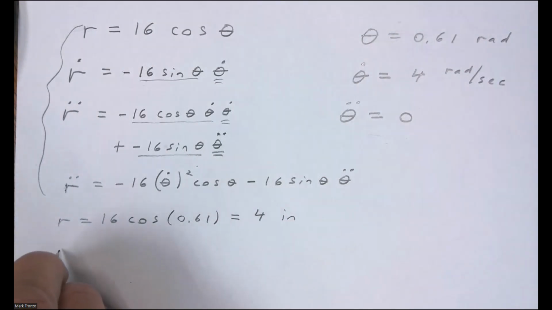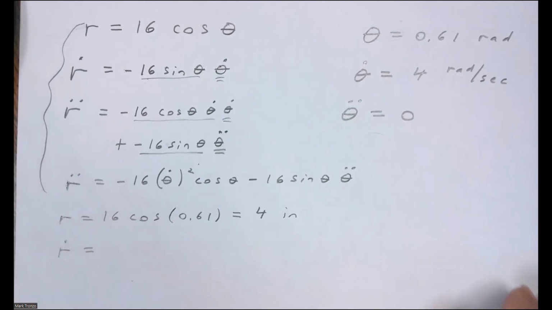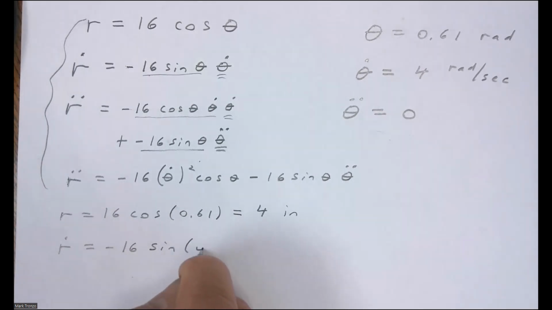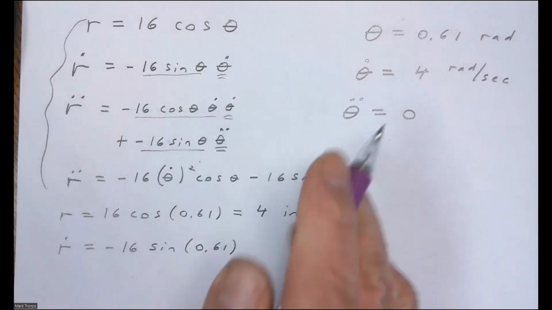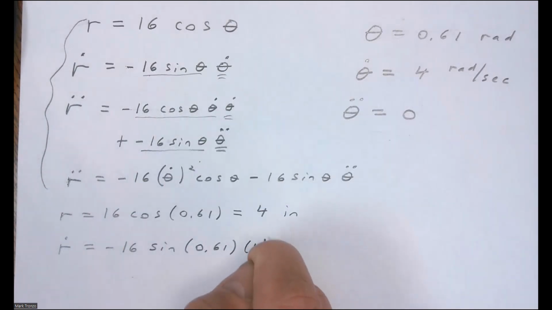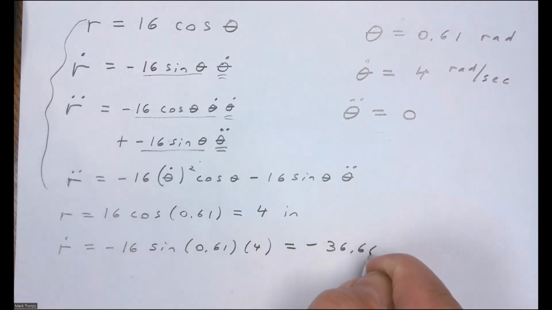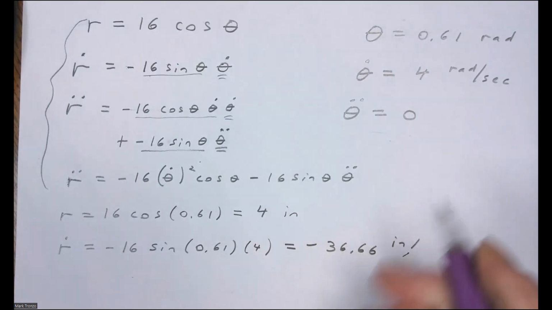And then r dot, using this equation here, is minus 16 sine of 0.61 times theta dot, which is 4. Put that in your calculator, and it's 36.66 inches per second.